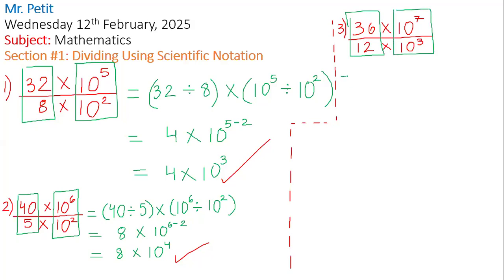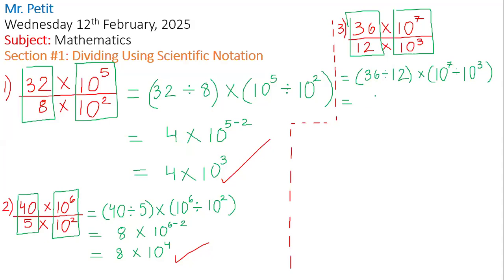It's going to be equal to the bracket, 36 divided by 12, multiplied by 10 to the 7th power divided by 10 to the 3rd power. Close bracket. Next, 36 divided by 12 is what?